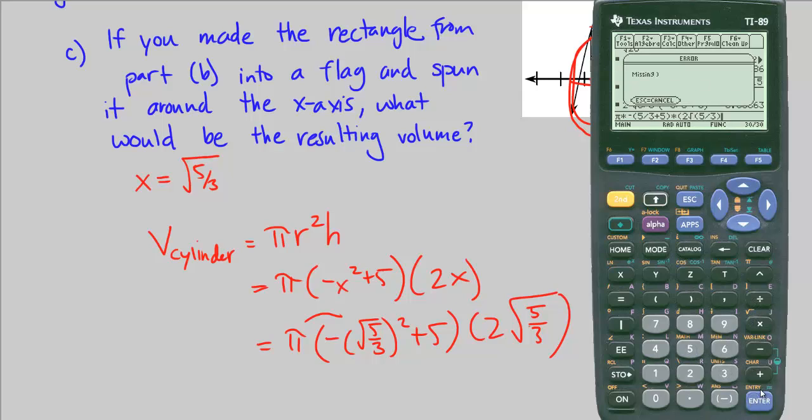Okay, so I'm missing a close parenthesis right here, right? So let's close it. So that's equal to, I think I did something wrong. Yes, I did. This negative should not be outside the parentheses, so let me go ahead and fix that.